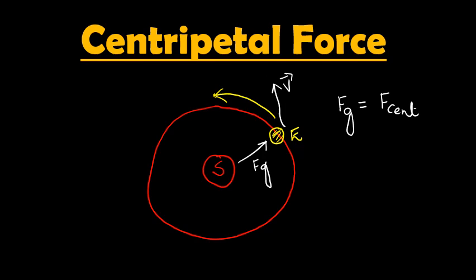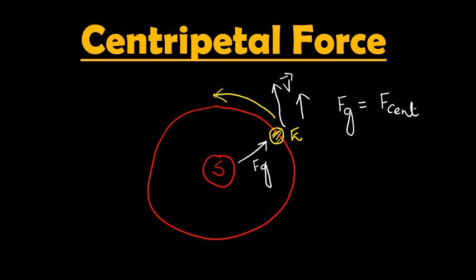If there is a decrease or a change in the gravitational force, then the Earth will just fly away from the circular path or the orbiting path around the sun. So both the gravitational force and centripetal force are balanced, and due to this the Earth is revolving in a circular path.